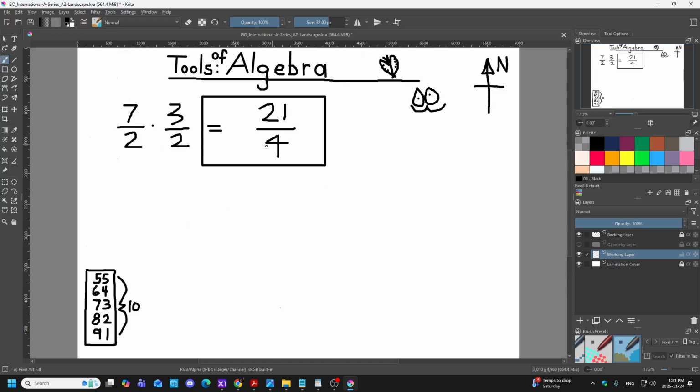Well, we look at the 4, the denominator, and we want to find multiples of 4. So I'm going to start with 4 times 4. Actually, I should do it on the side here. 4 times 4 is 16. We want to get close to 21 without going over. Okay? We want to stay less than 21. Let's do the next one. 4 times 5 equals 20.